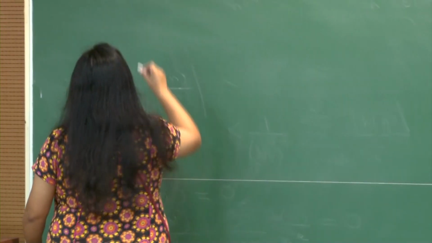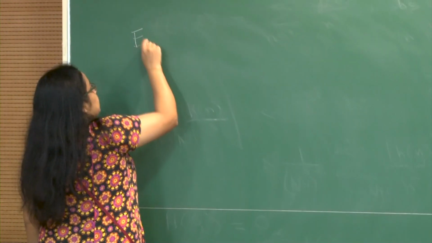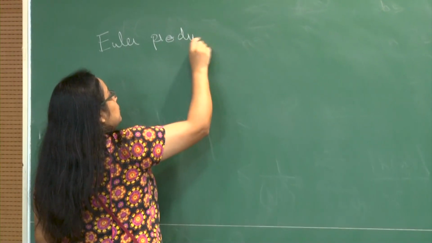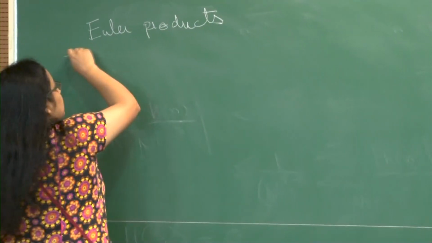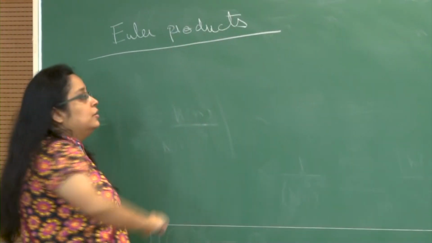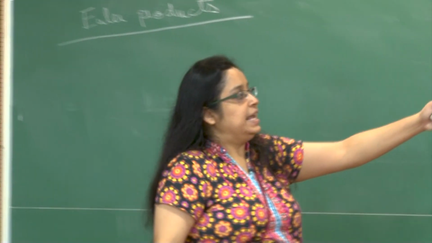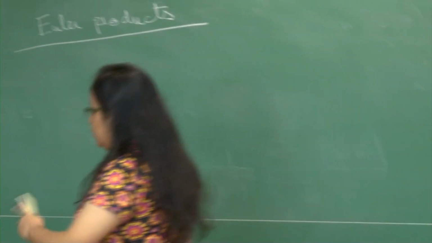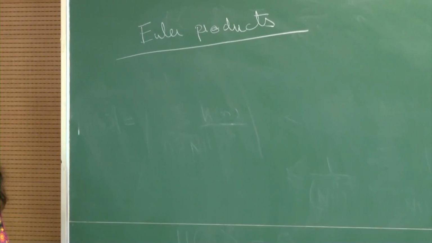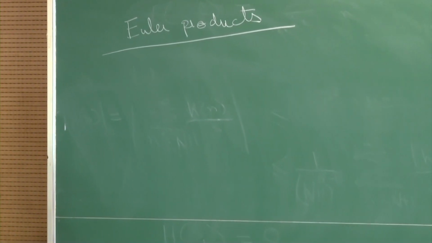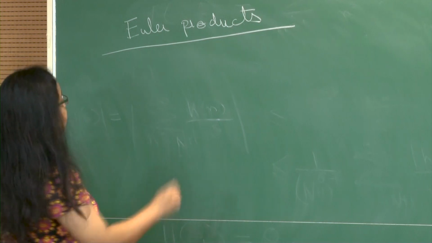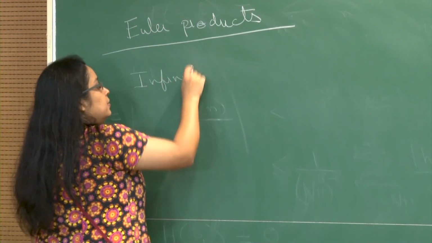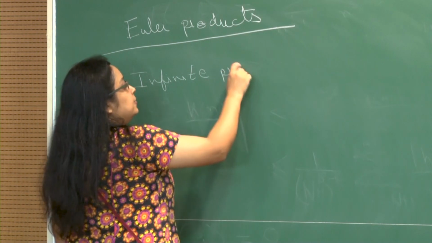So, we are going to talk about Euler products. We want to be able to write our Dirichlet series in terms of infinite products. Now, before starting a discussion of Euler products, let us first briefly review infinite products.